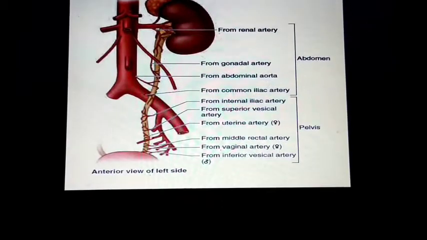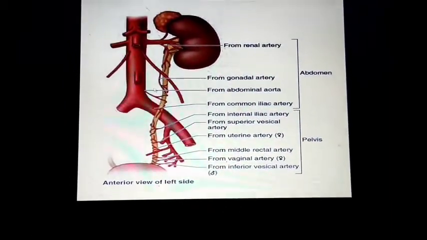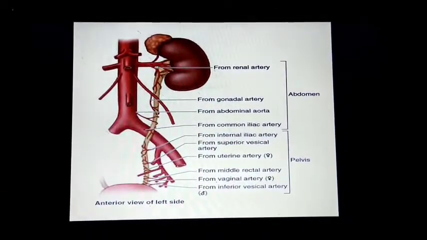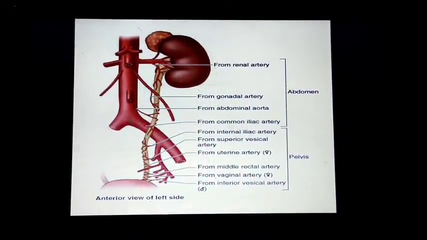That's the blood supply of the ureter, and venous drainage corresponds to the respective arteries.